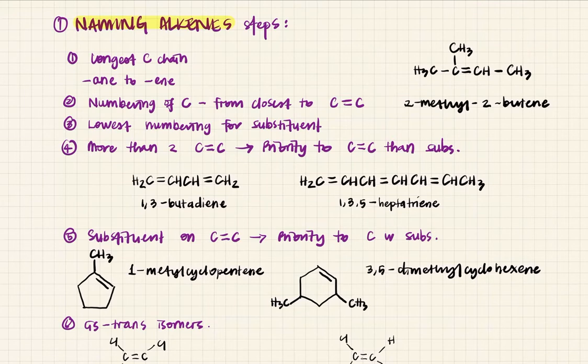you will find that you have 1, 2, 3, 4 carbons for your longest carbon chain, and you have the carbon-carbon double bond in the middle here. Okay, so you can either start from here, 1, 2, 3, 4, or from the right, 1, 2, 3, 4, but you will start from here as your first carbon because you have a substituent on your carbon-carbon double bond right here.